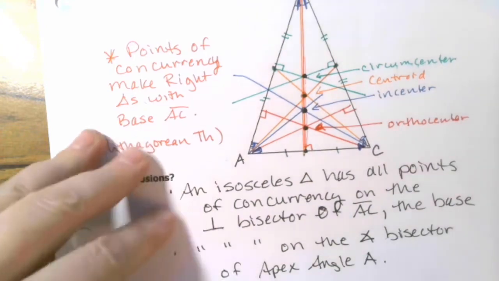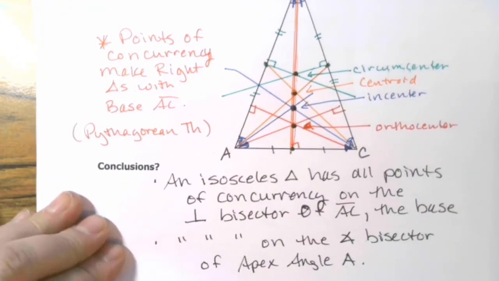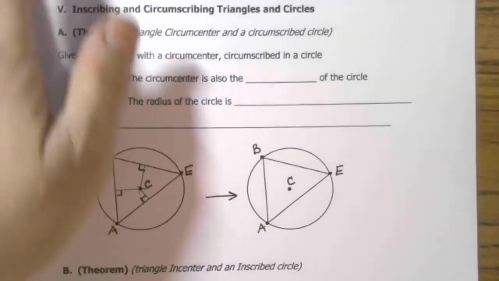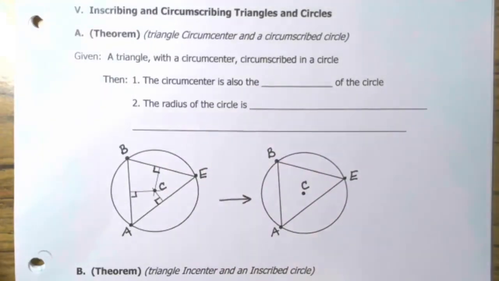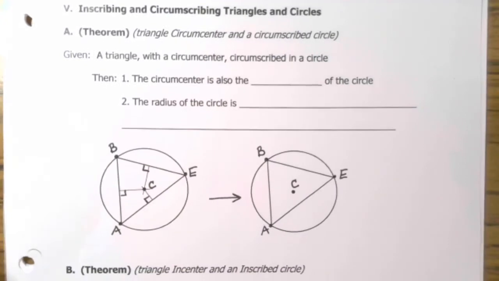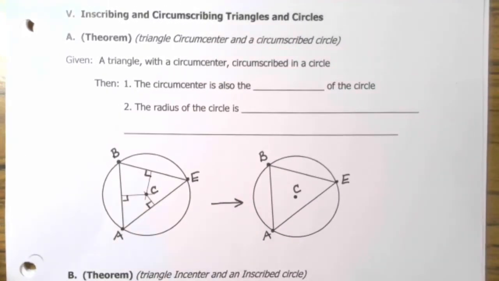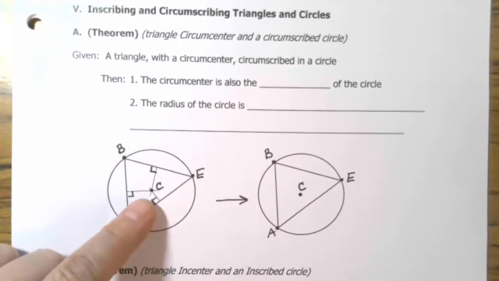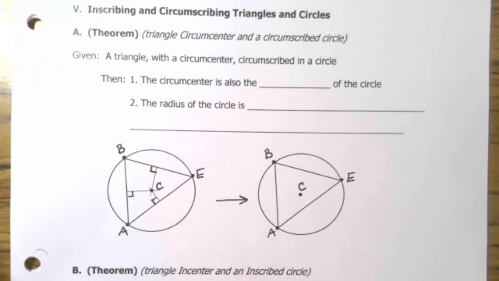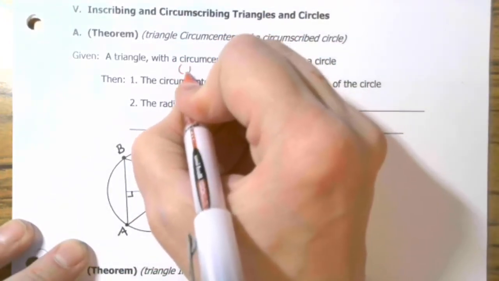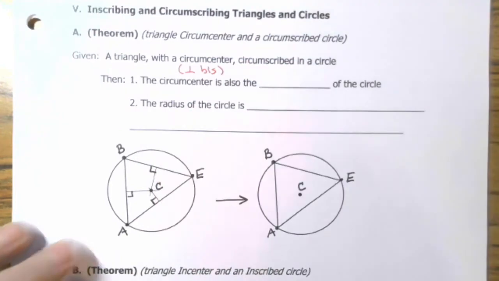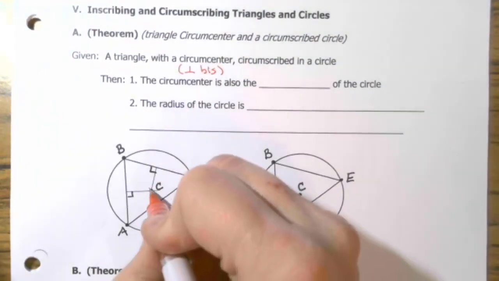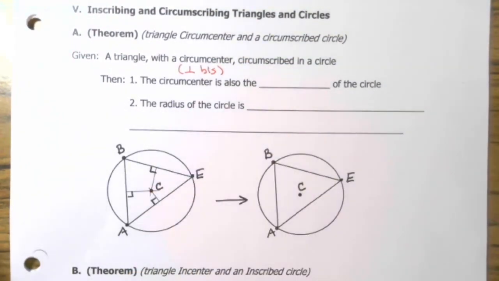All right, we are on the last section of notes. Inscribing and circumscribing. Okay, so here we go. Theorem. Given a triangle with a circumcenter, and remember that your circumcenter comes from your perpendicular bisectors, and we say circumscribed in a circle.